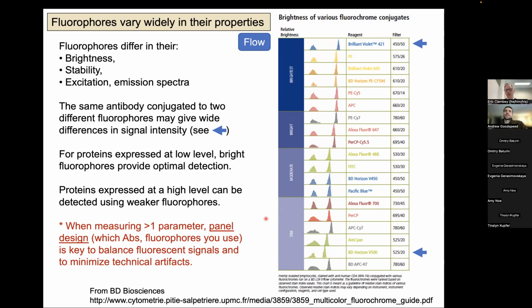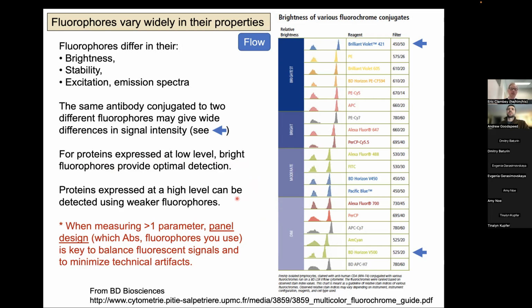So why does this matter? Well, it matters because you need to try to pair the antibody and the fluorophore with the known characteristics of your protein target. If you have a protein that's expressed at a low level, these are targets in which you want to use an antibody conjugated to a bright fluorophore that will really provide optimal detection.